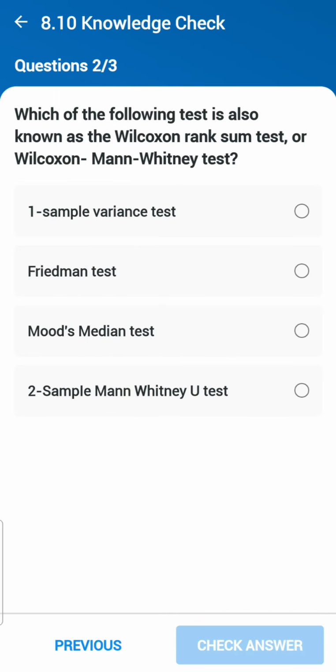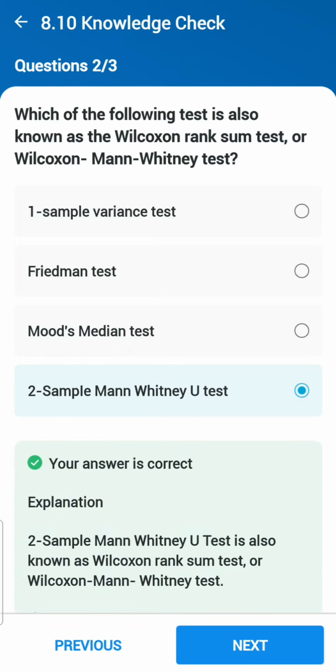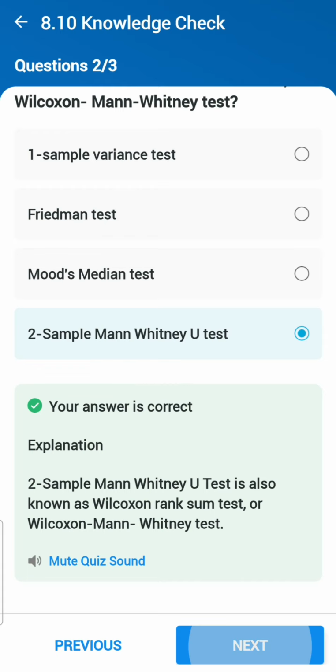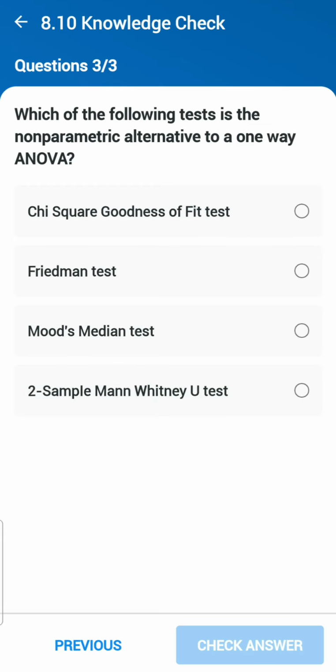And the next question: which of the following tests is also known as the Wilcoxon rank-sum test? The Wilcoxon-Mann-Whitney test is also called the two sample Mann-Whitney test. The next question: which of the following tests is the non-parametric alternative to one-way ANOVA? The alternative to one-way ANOVA is Mood's median test.